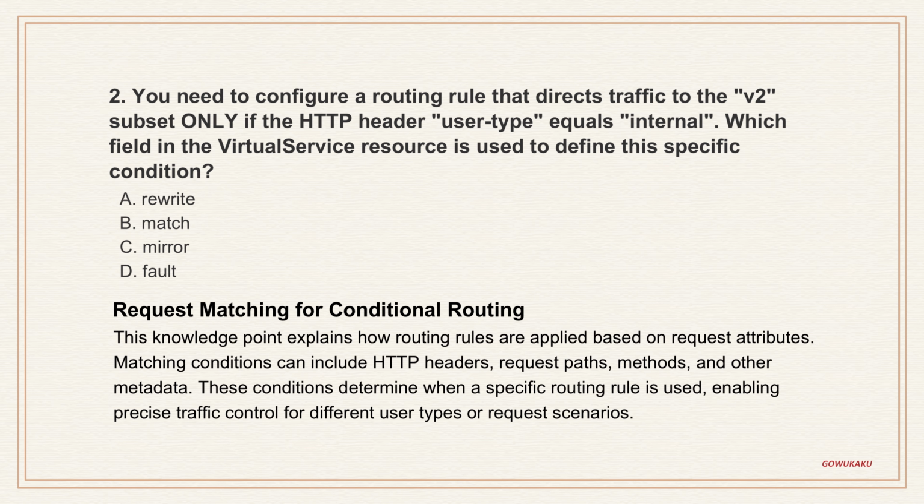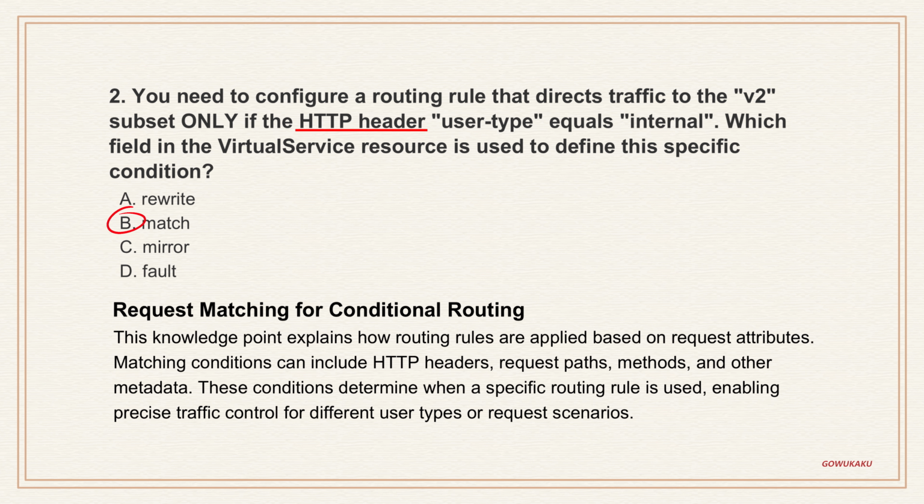Okay, but what if we want to go beyond just a simple percentage split? Our sources highlight this ability to do really sophisticated conditional routing. What if I want to send that 10% to V2, but only if the request came from our internal dev network, which I can identify by a specific HTTP header? That's the power of the match field.